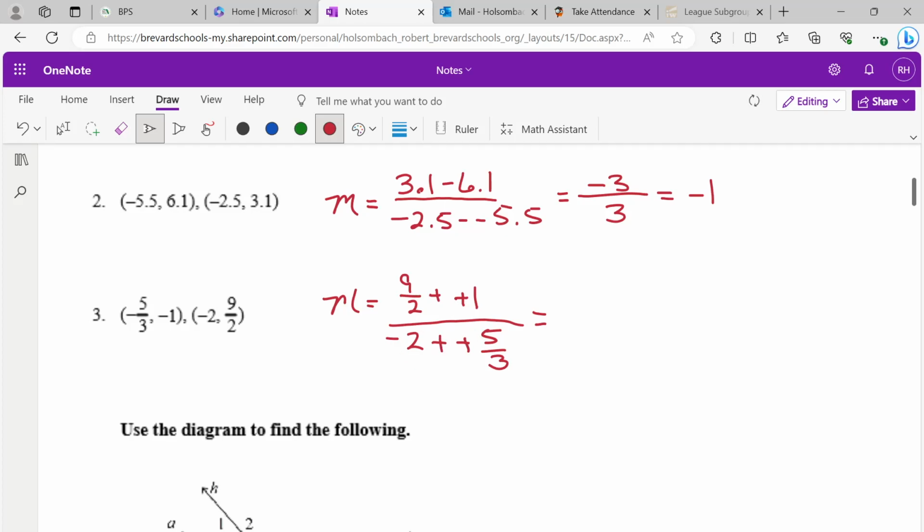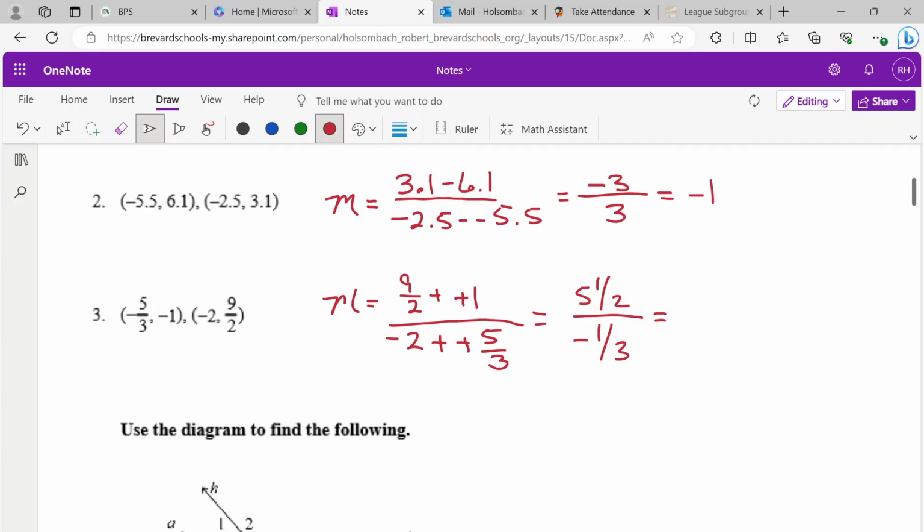So I got 9 fraction button 2 plus 1. It's 5.5. And in the denominator, I got 2 negative plus 5/3 equals negative 1/3.